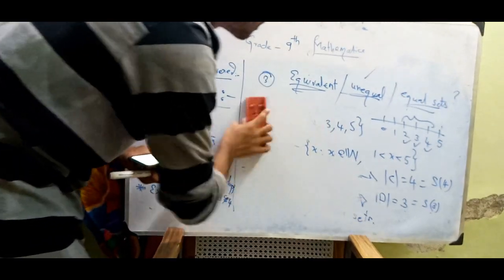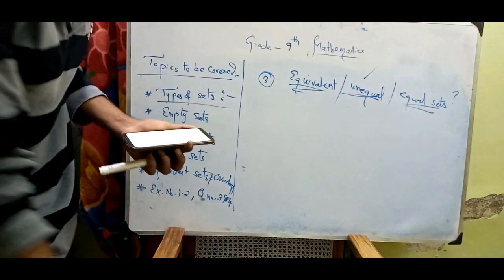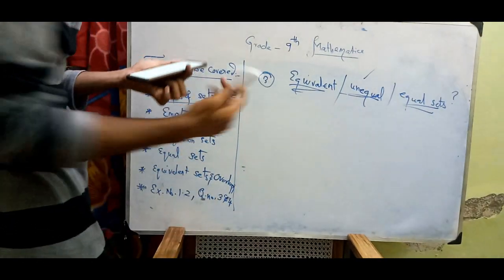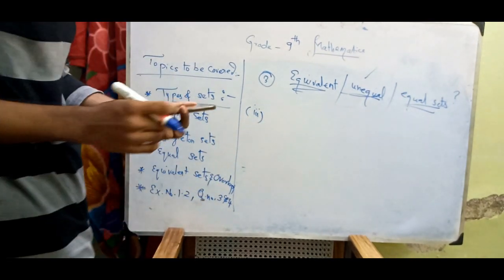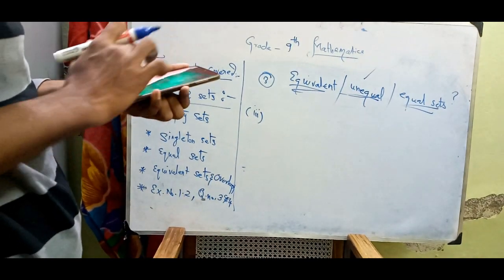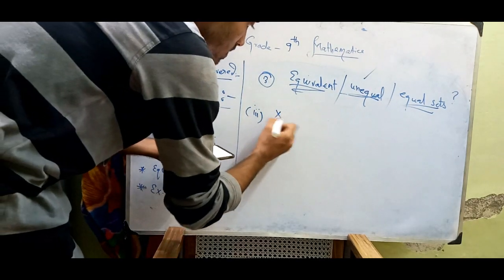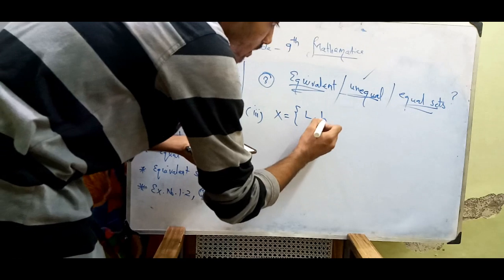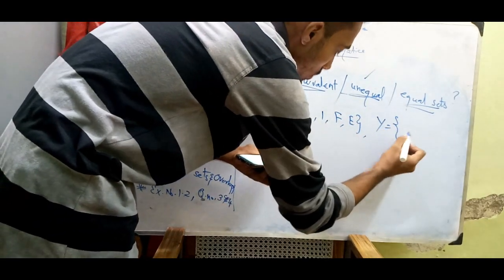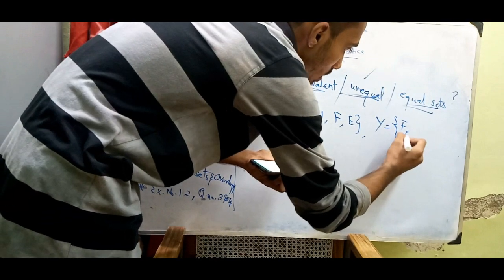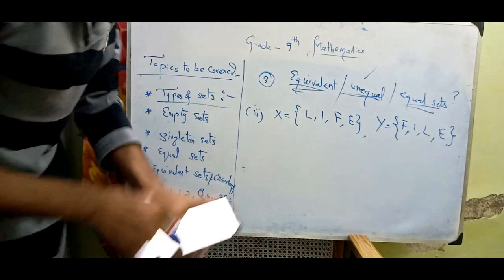Now next question, and this is the last question. Take the third question. The third question is X equal to L, I, F, E and Y equal to F, I, L, E, here is life and there is file.